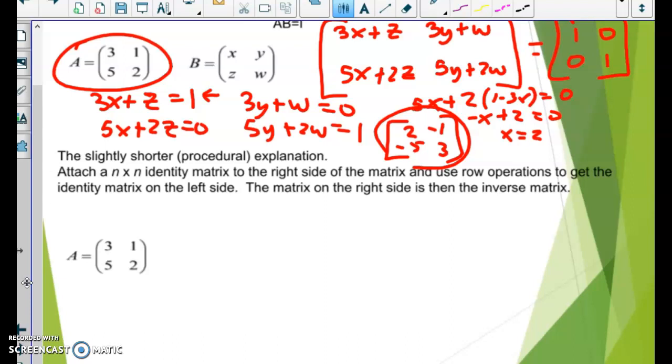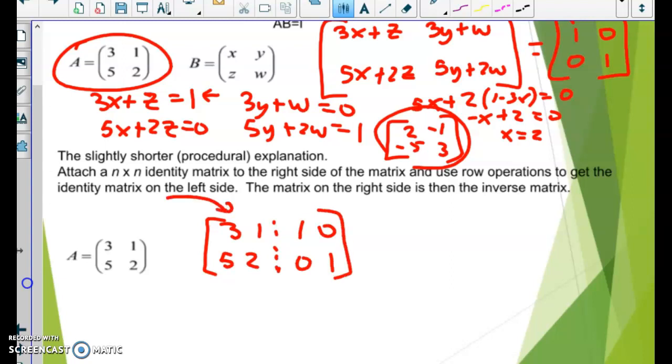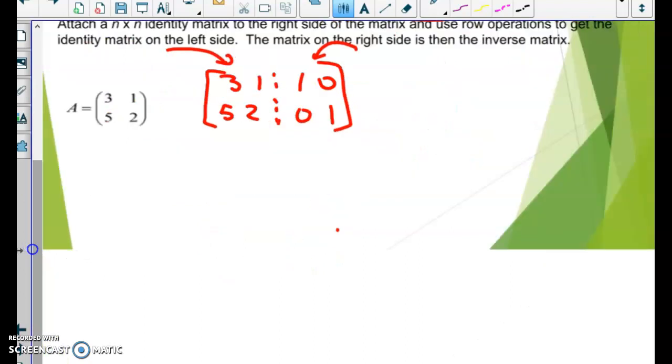So what they're saying there is if I take my original matrix, 3, 1, 5, 2, and I attach an identity matrix, 1, 0, 0, 1, and then I solve it so the identity matrix is on this side, then this side will be the inverse. So let's try to do that. Give myself a little room.